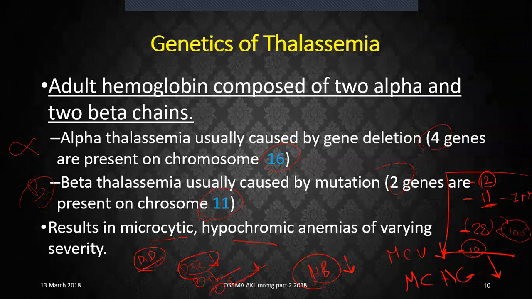So we can now do serum ferritin. If serum ferritin is low, this is iron deficiency anemia, so we can start giving parenteral iron and look into why iron was not absorbed. If serum ferritin is normal, this is not iron deficiency anemia. In iron deficiency anemia, serum ferritin should be low.